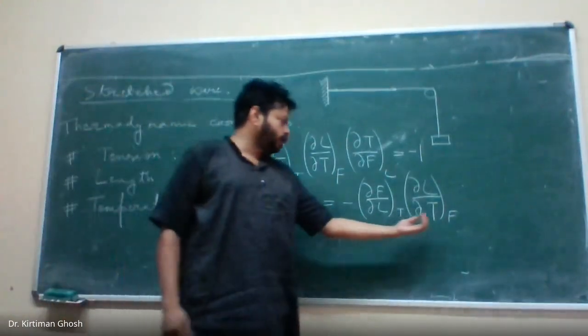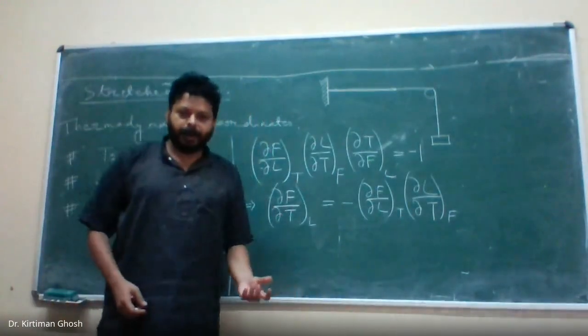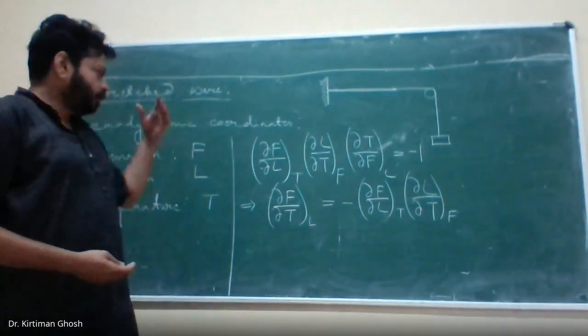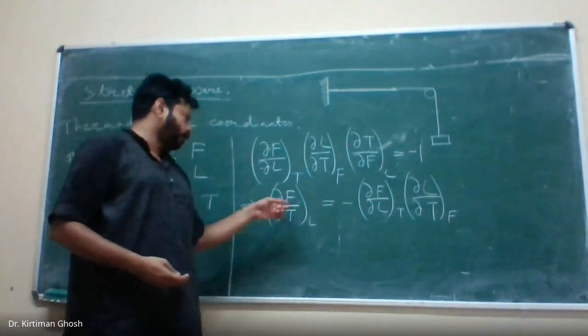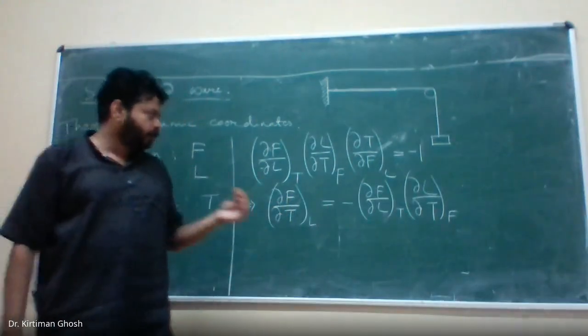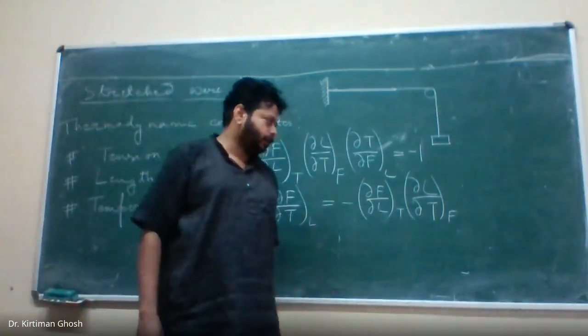Now, once you know these two quantities, by the same analogy you will be able to find out the future behavior of your tension with temperature or whatever you want to do. So you need to know these two quantities.